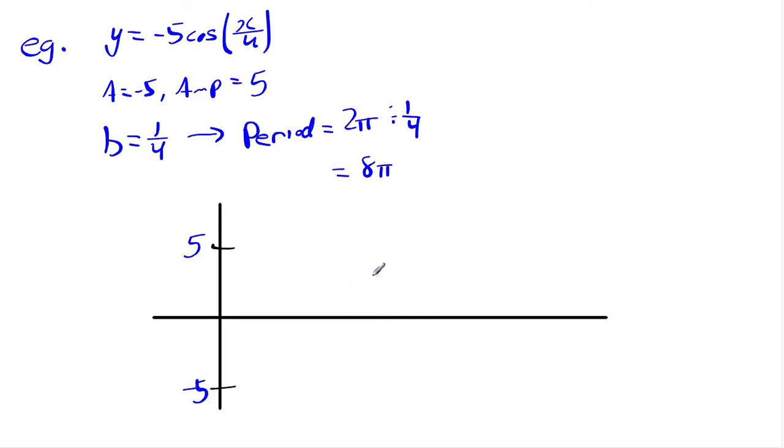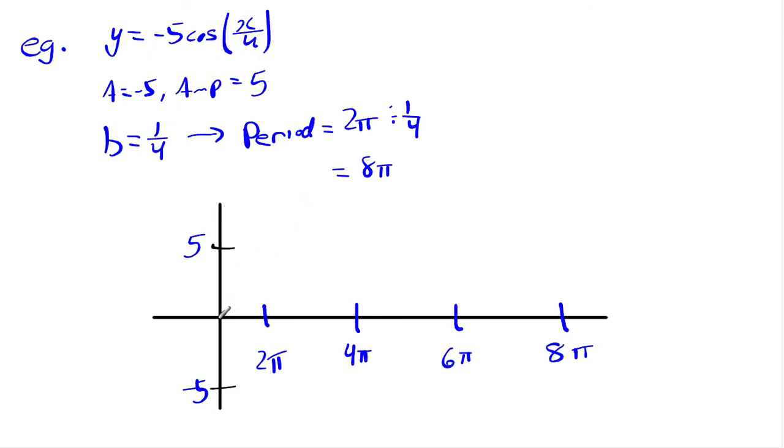And then on my x-axis, I'm going to have these 4 corners. Now, I want to graph this in such a way that the period is going to end here, at 8 pi. This is half of that, so this would be 4 pi. And this is half of that, which would be 2 pi, and in between here would be 6 pi.